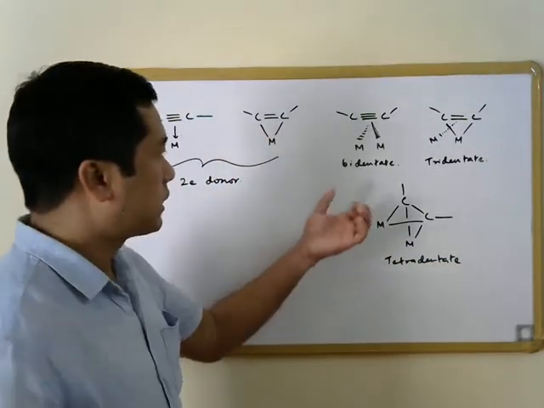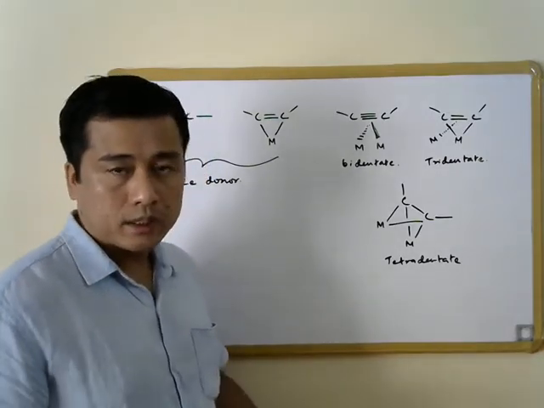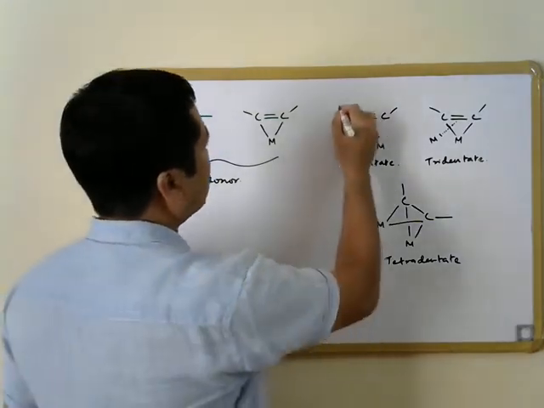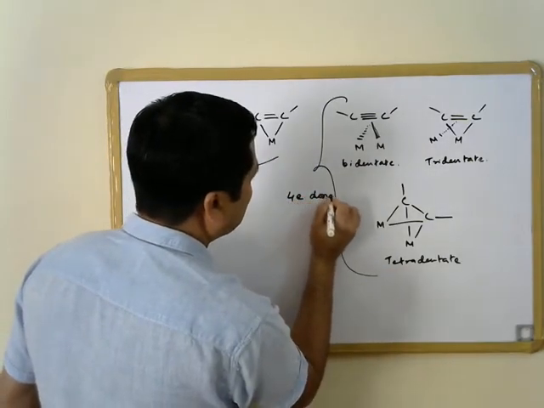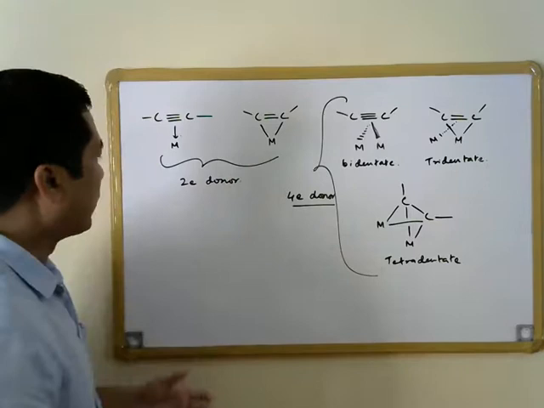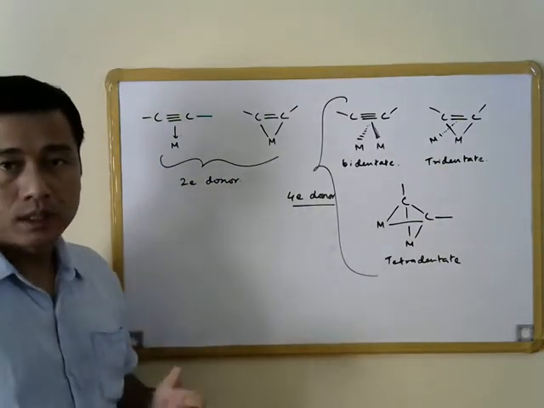In these three binding modes, the alkyne ligand acts as a 4-electron donor.